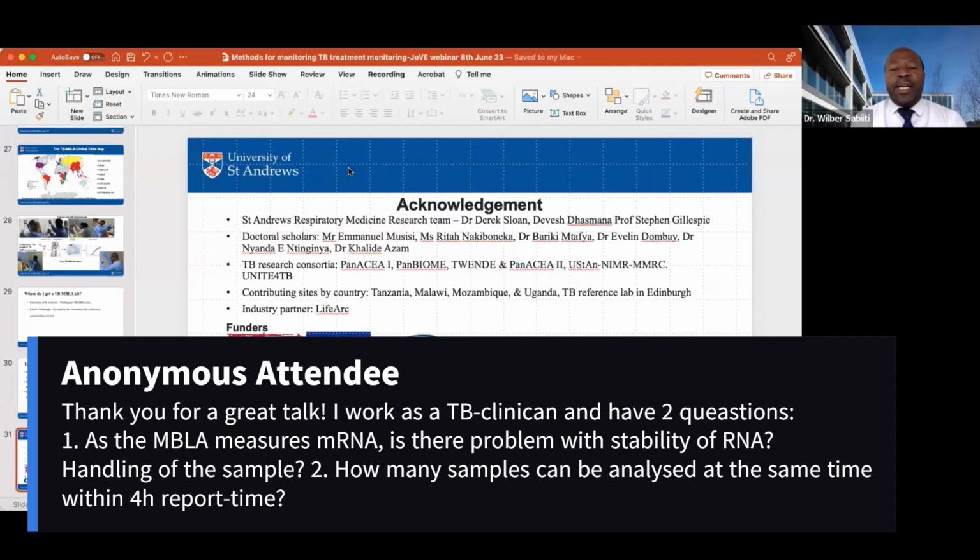How many samples? As I said before, it depends on the type of machine you're using. Within 4 hours, for very skilled technicians, they can run maybe 10 samples, including the extraction. And if they have the automated system, then they can do even 100 samples in that time.